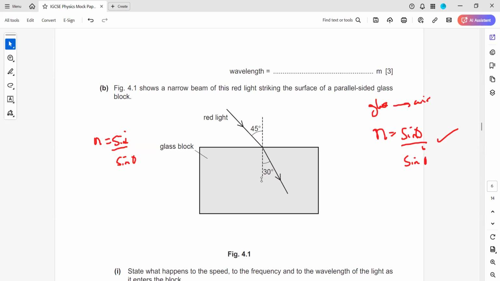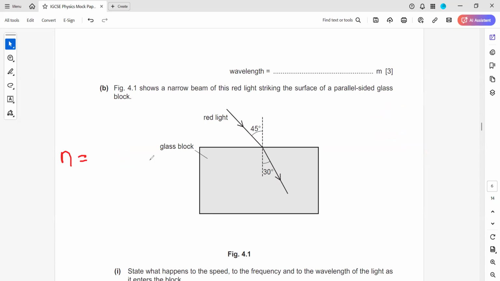Even if, for example, in the exam you forget whether it is I over R or R over I, just keep one thing in mind: the numerator angle should always be greater than the denominator angle. Here I have two angles, one is 45, one is 30. Which one is the greater angle? 45 is greater, so I will use sine 45 over sine 30.